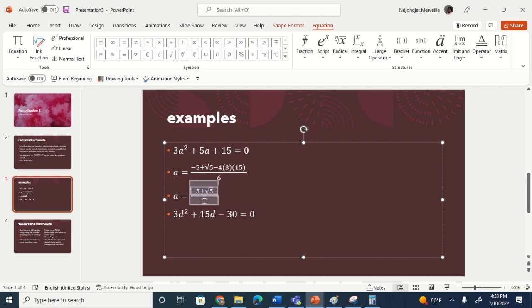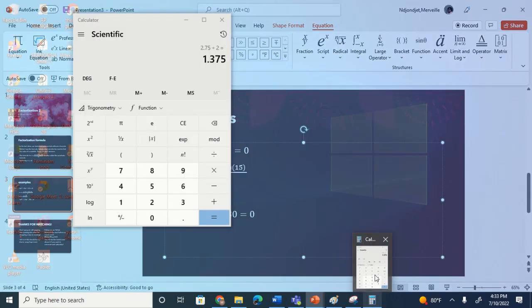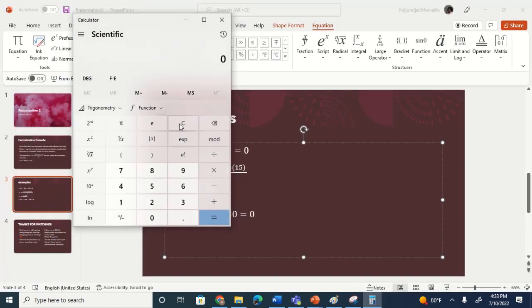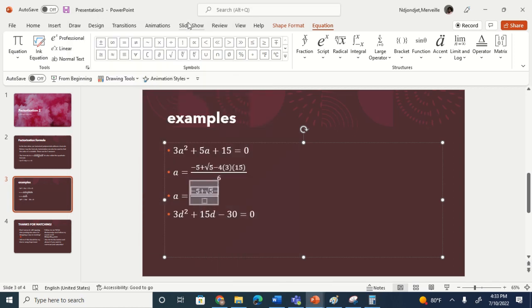So now we have 4 times 3, which would be 12, and now we have to find 12 times 15, which is 180.